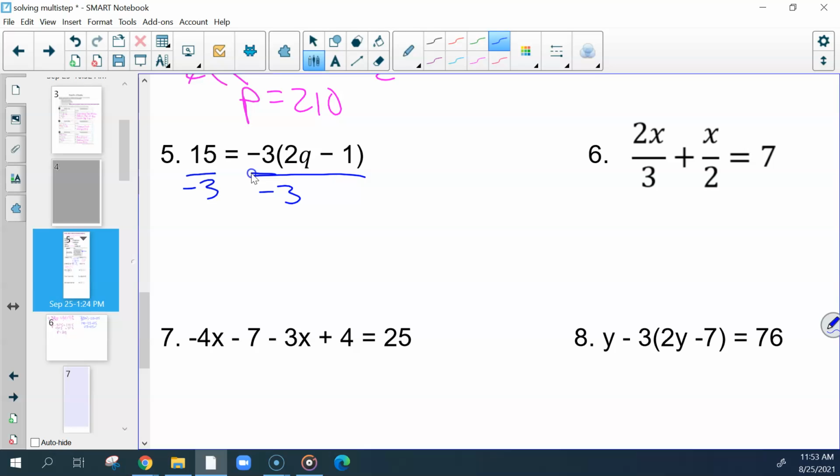If you feel more comfortable just multiplying by -3, do that. I'm just saying, if you saw, well, I could divide both sides by -3, I'm just going to work this out and keep going and keep solving it like that to make it easier. If you see that that's easier, you could do that as well.